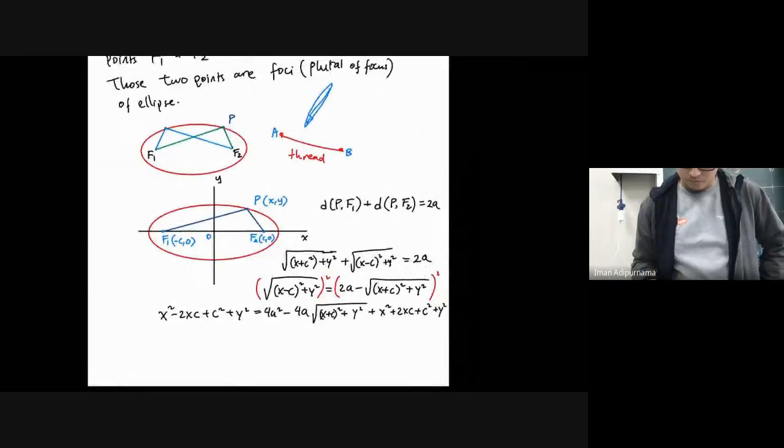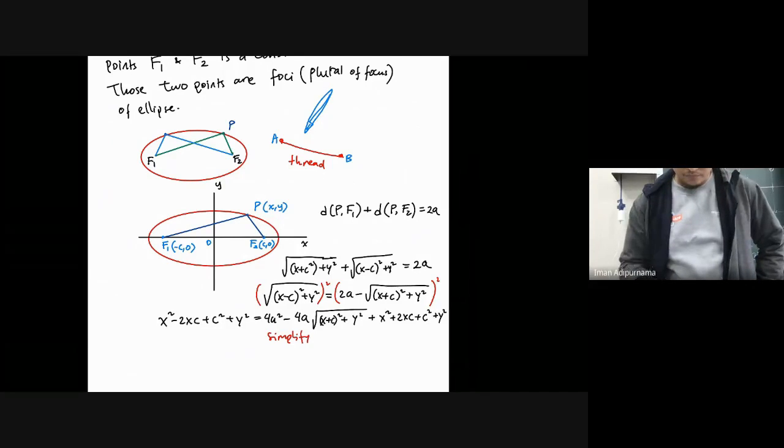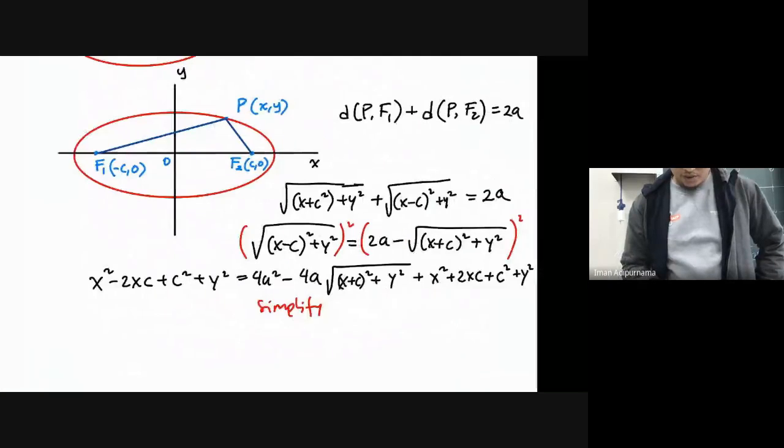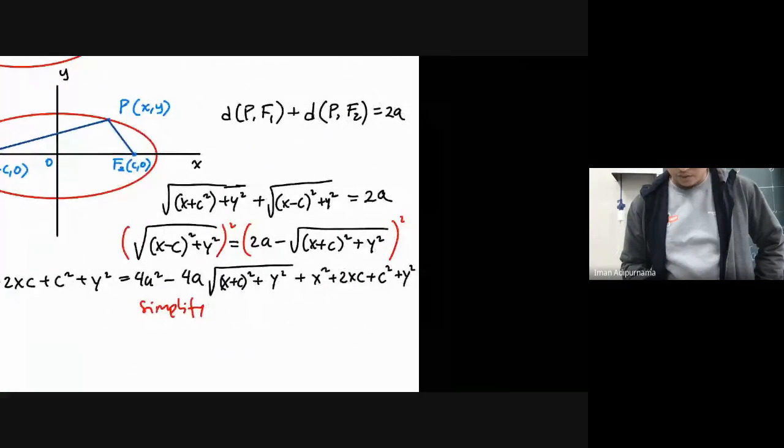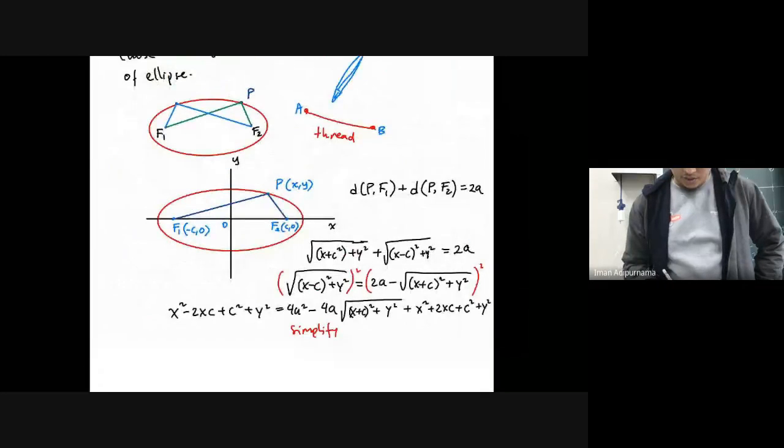Okay, now we can simplify, grouping all the same variables. You will get this for a.